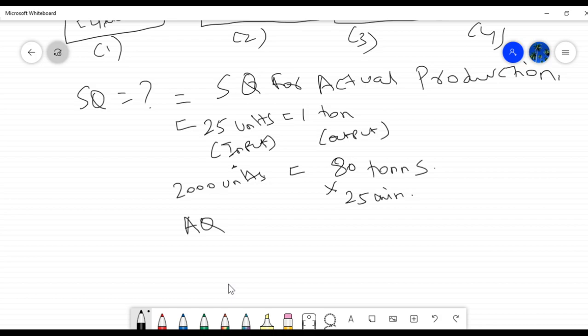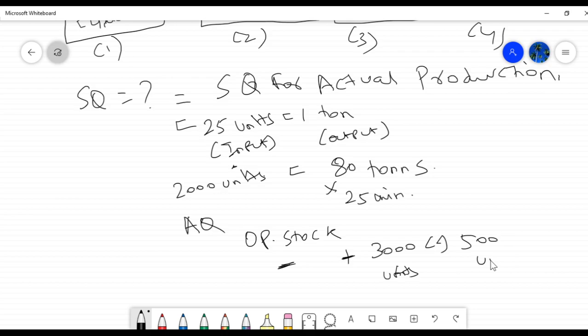Opening stock is nil. Plus purchases how much? 3000 units. Minus closing stock how much? 500 units of raw material. So opening stock is nil, during the year purchases, then closing stock is 500. That means how much is consumed? Consumption is actual usage.